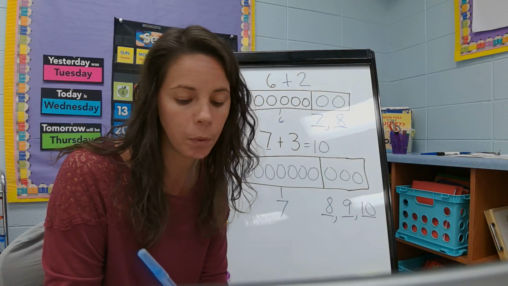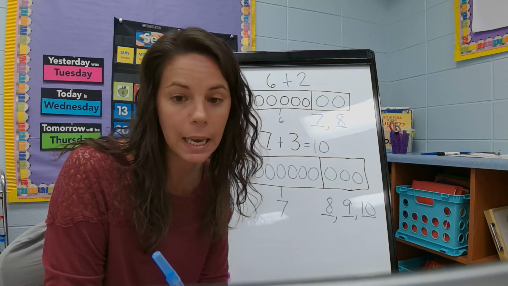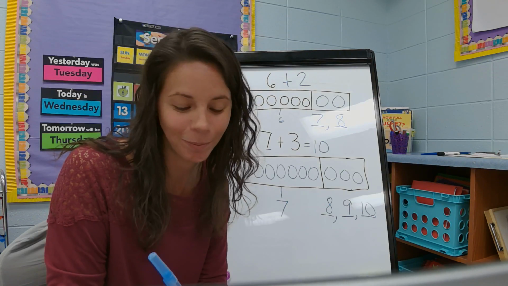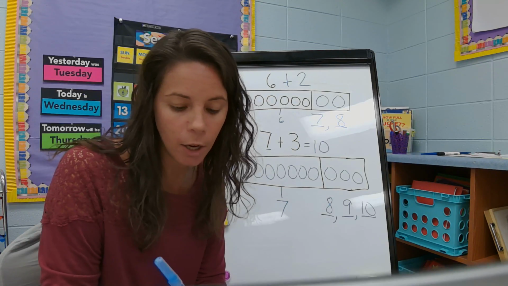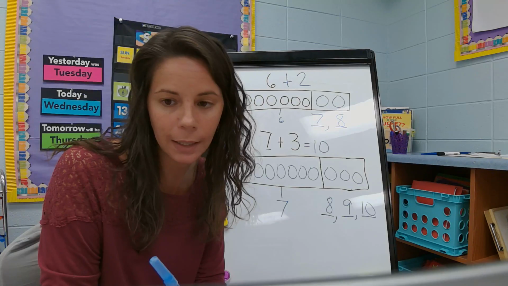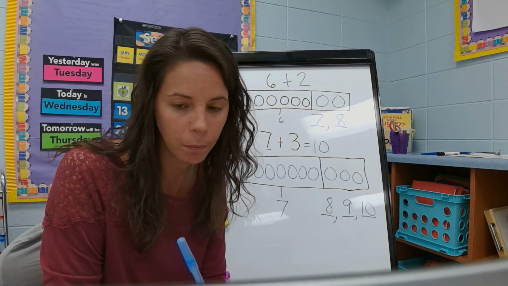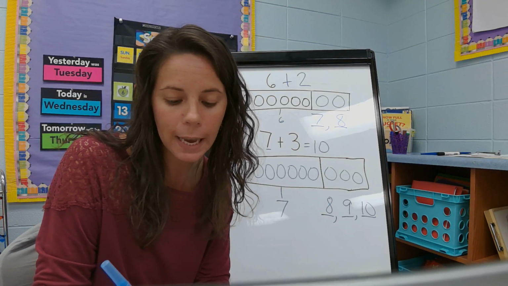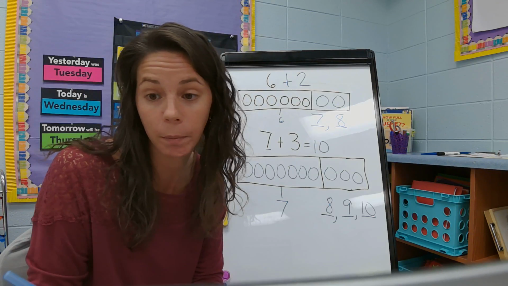Write it down. Caden, yours is 9 plus 2. All right, Kelton, yours is 8 plus 4. All right, Leo, yours is 3 plus 4.